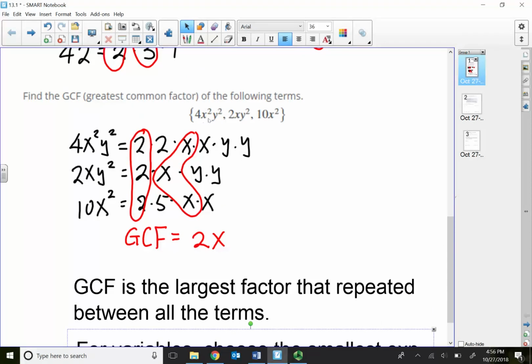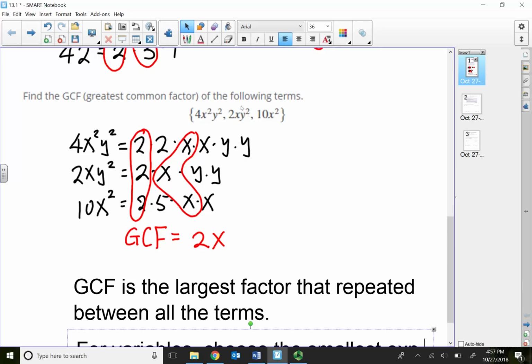Think about it. When I look at these 3 terms, between 4, 2, and 10, I know factor 2 is in all 3 terms. That's why I have a greatest common factor of 2. If you look at the variable, x squared, x to the first, x squared. By counting repeated factors, there's only one x repeated between all 3 terms. That's why the greatest common factor is 2x.